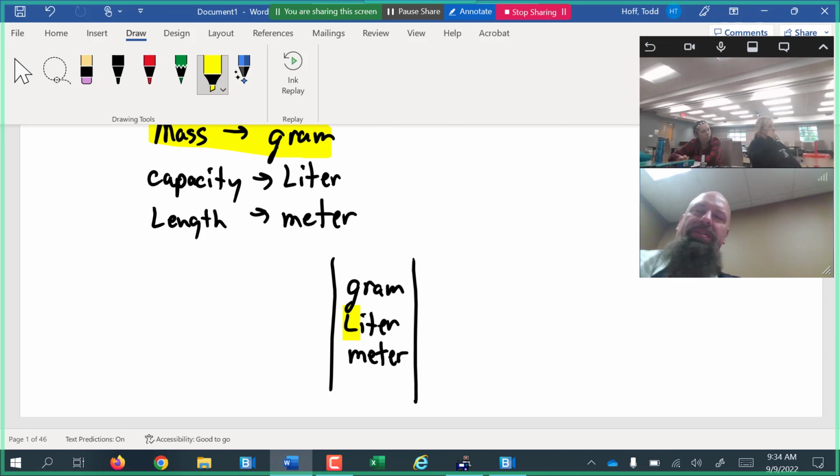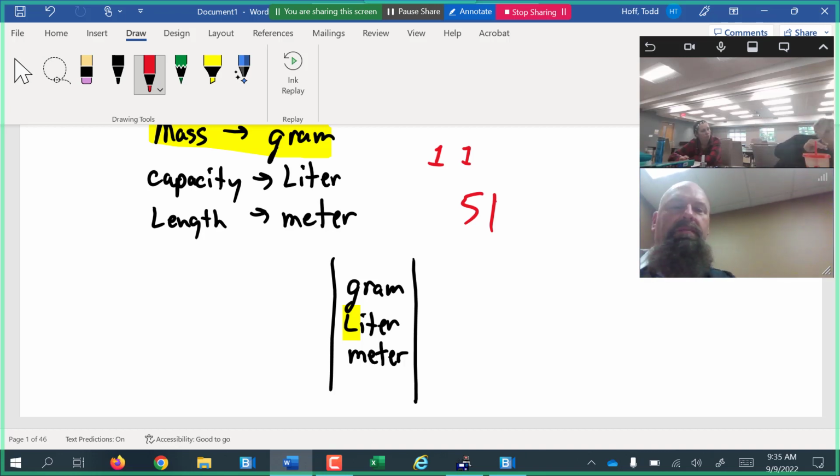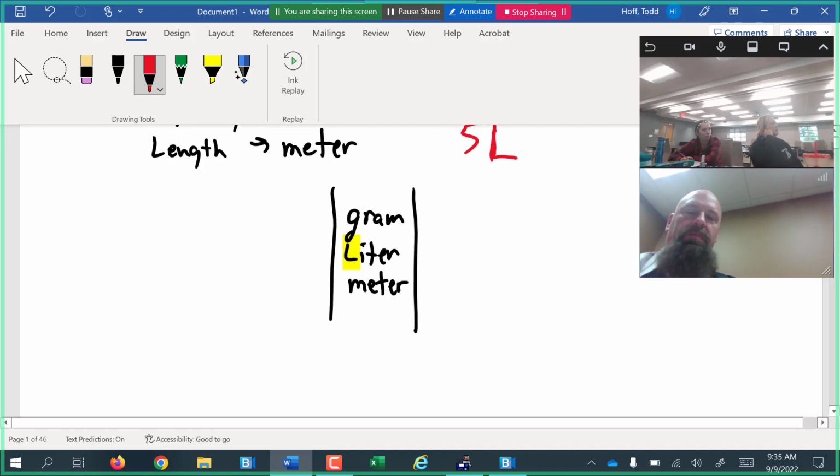The reason I was taught that you used a capital L for liter was because back in the day, before we had all these fancy computer type fonts, your typical type font, the number 1 and the small l were indistinguishable. So if we had something like that, trying to tell if that was 51 or 5 liters was tricky. But if we had a capital L, we knew there was 5 liters. So your books usually will use a small L now because of those type fonts. If you see me using a capital L, that's just force of habit. It really doesn't mean anything.